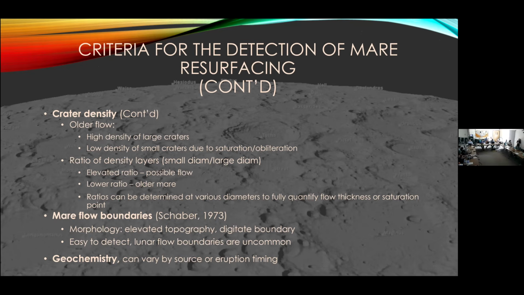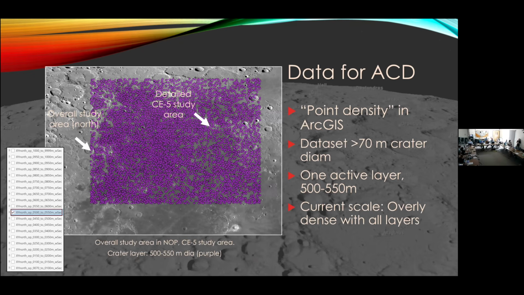I'm a big user of geochemistry, so that's another way to detect lava flows. But the moon can be a conspiratorial body, so sometimes you might get a later flow with the same geochemistry, and it doesn't really help you distinguish between them.